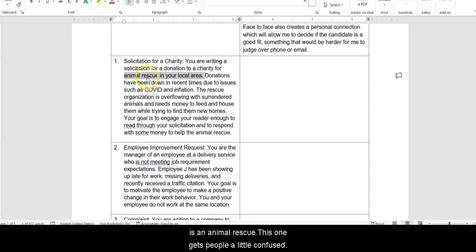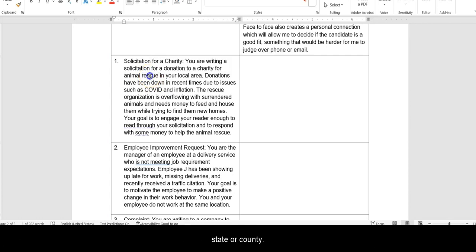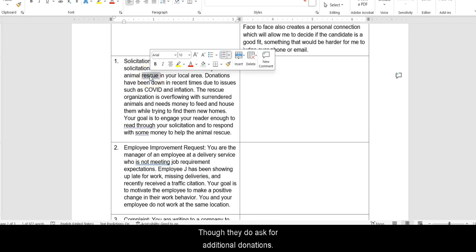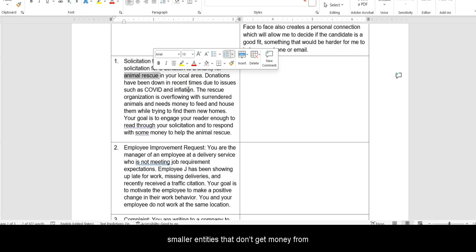This one gets people a little confused. This is not a public shelter. They are funded by the city or state or county, though they do ask for additional donations. But this is an animal rescue. They are usually much smaller entities that don't get money from public entities and rely on individuals and groups and grants.